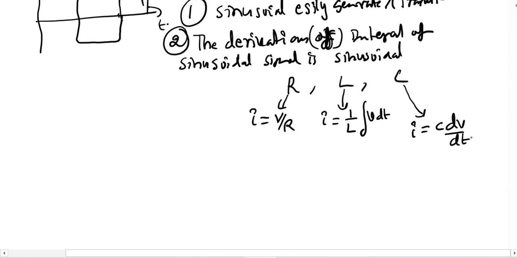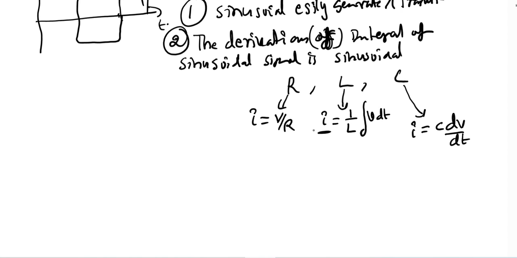So for the inductor, the current is the integration of voltage, and for the capacitor, the current is the differentiation of voltage. I think you might know this from your previous class as well.